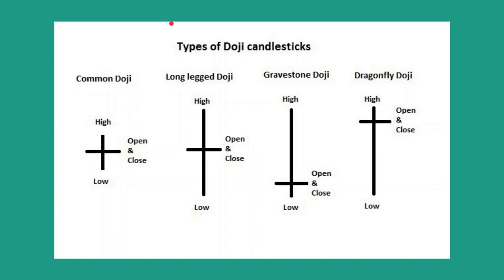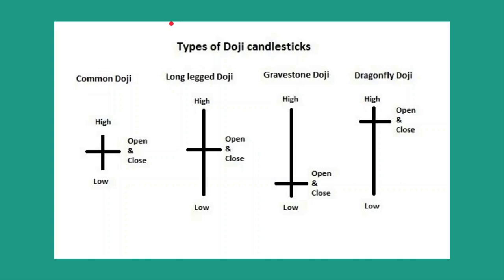There are different types of dojis, and depending on the placement of the open and close price on the session, some dojis have nicknames. These dojis are still reversal indicators, but they hint at more positive or negative outcomes.